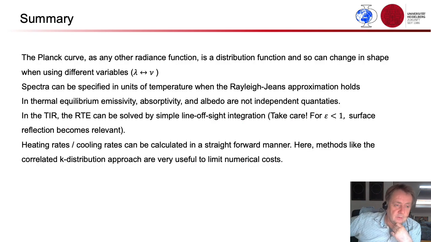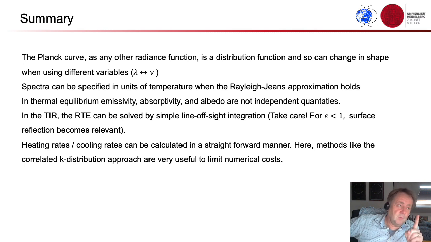This brings us to the summary of this lecture. So what we did is we discussed the Planck curve, which is, like any other radiation function or spectrum, a distribution function. And so it can change in shape when we go from frequency to wavelength.